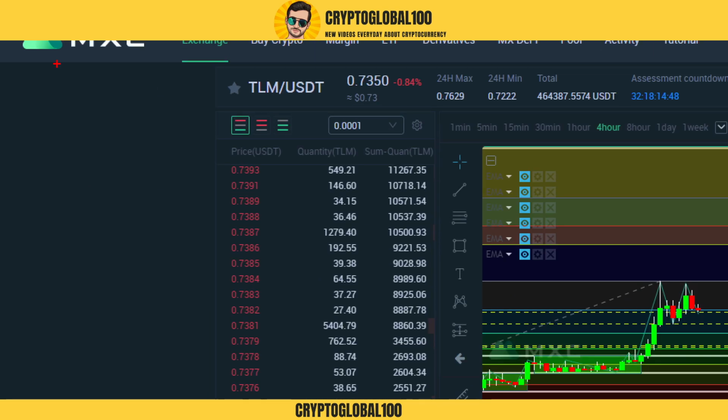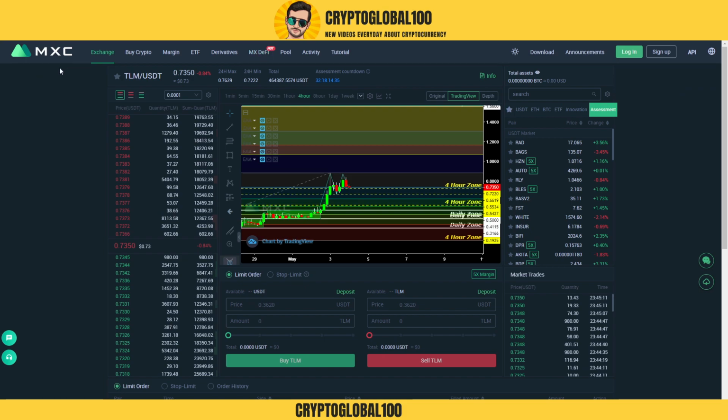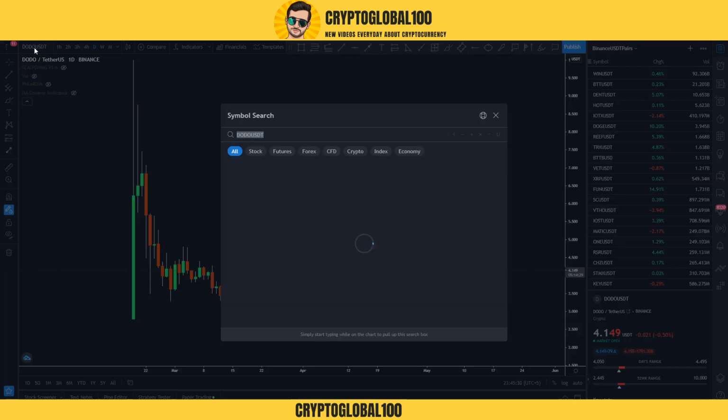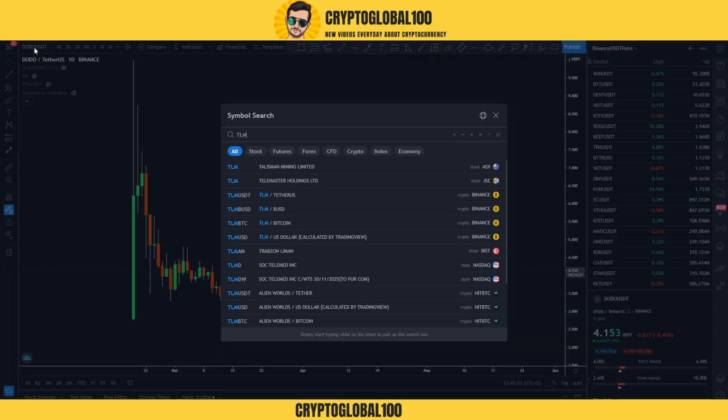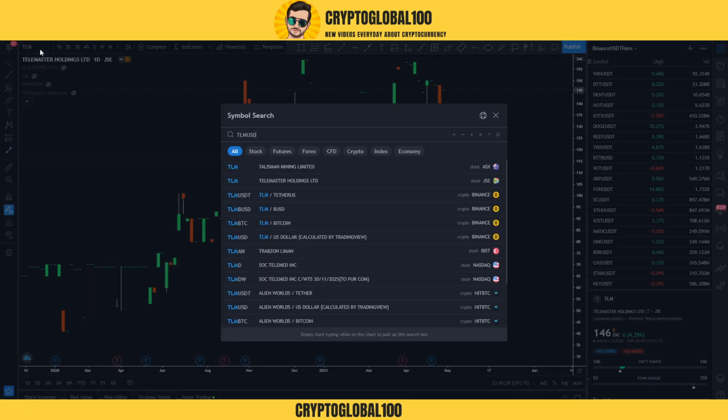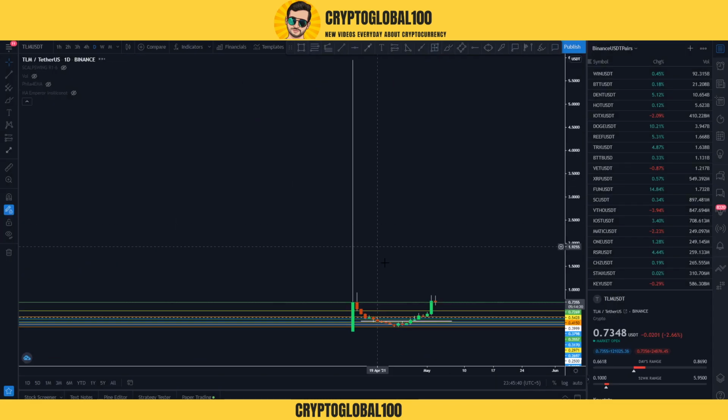Now the reason I'm using the MXC exchange is that TLM was first listed on MXC exchange, so we have some old data here as well. You see the coin was listed on the 7th of April, and if you go to TradingView, we would only have the Binance listing, which was on the 13th of April.